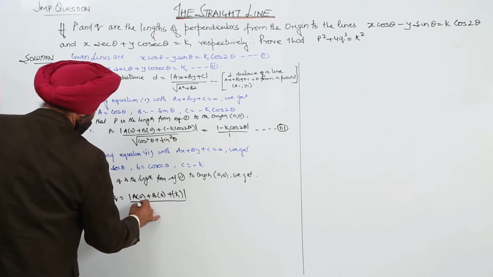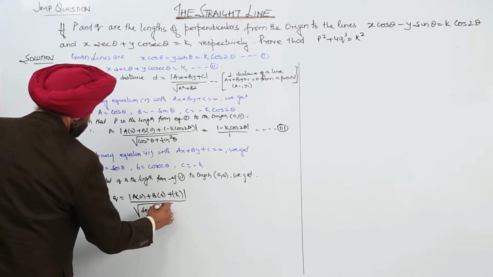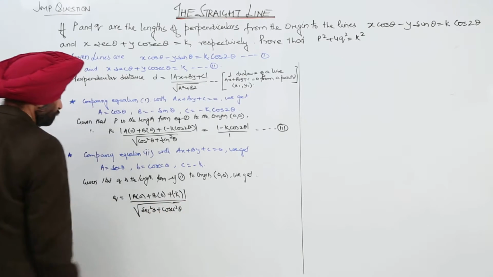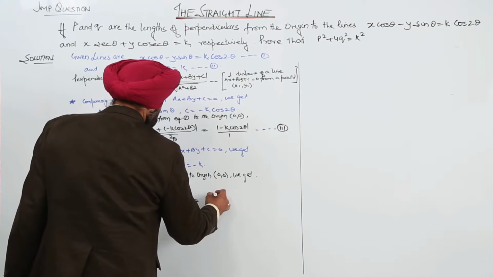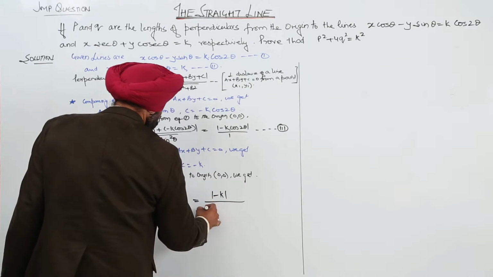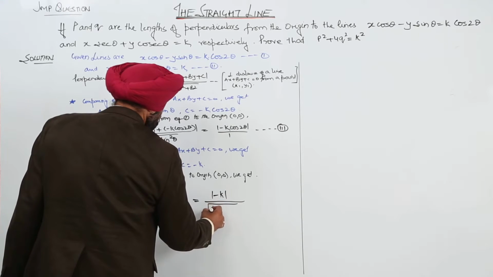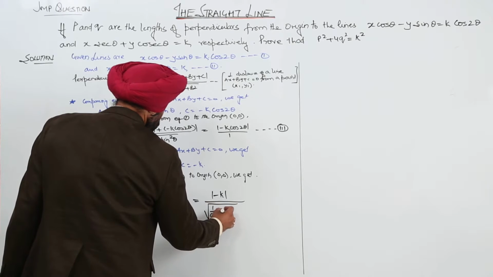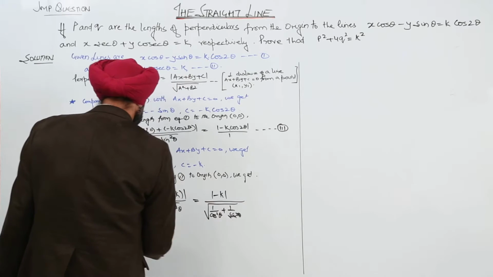upon under the root secant square theta plus cosecant square theta. Now to this we can write negative of k upon square root of 1 upon cos square theta plus 1 upon sin square theta.